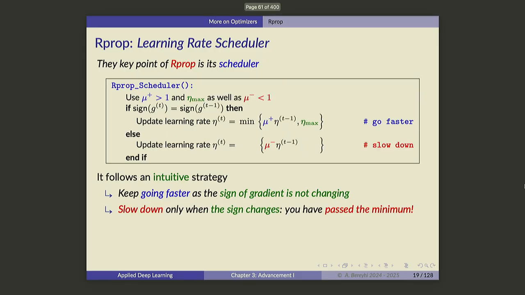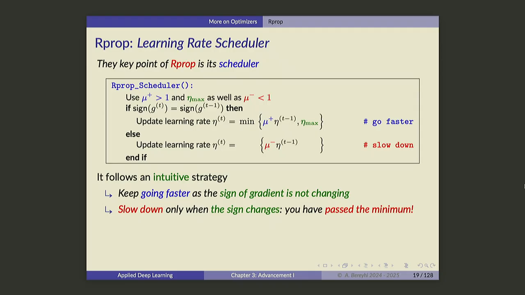If you see that the sign of gradient is changing, then you just scale your learning rate with that smaller than 1 coefficient, right? So it means that you're reducing the size of your step. So what is happening here is basically, as you see the sign is not changing, you keep on going faster and faster and faster. But once you see the sign is changing, then you start to reduce your pace, right? So you're going to make it slower, right?